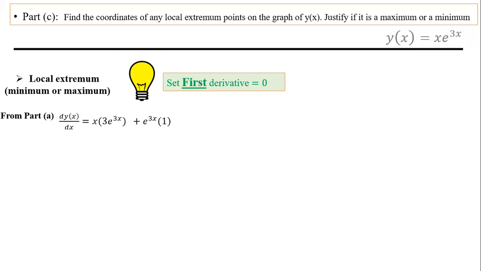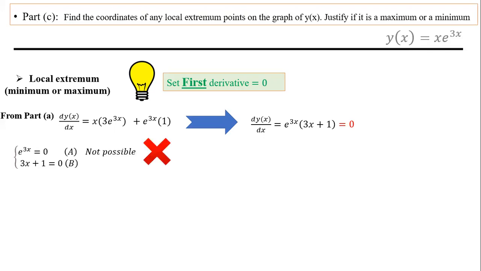We use the result from part A, which is the first derivative, and we set it equal to 0. If we factor out e to the power of 3x, the result is like this. e to the power of 3x cannot be 0, right? It's not possible.